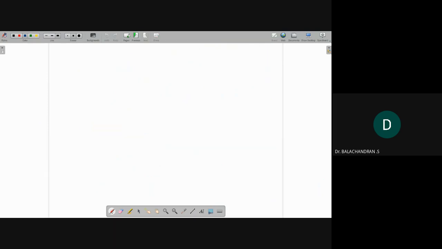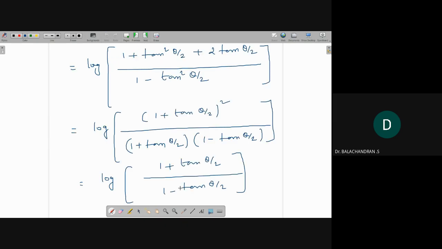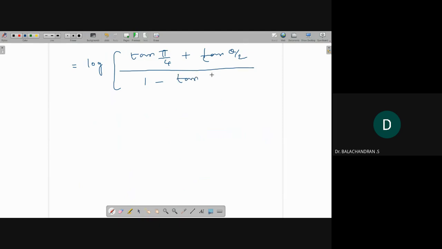So now look, log, instead of 1, I'm going to write tan pi by 4 plus tan theta by 2 divided by 1 minus, here also 1 into tan theta by 2. So that's why I'll write tan pi by 4 times tan theta by 2.